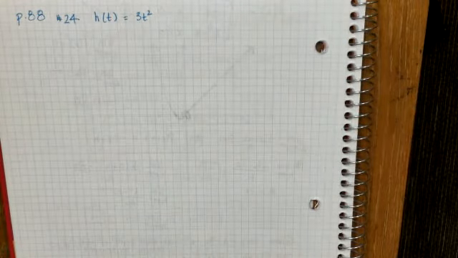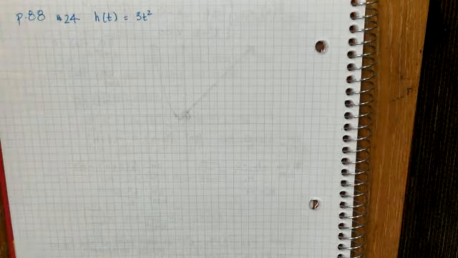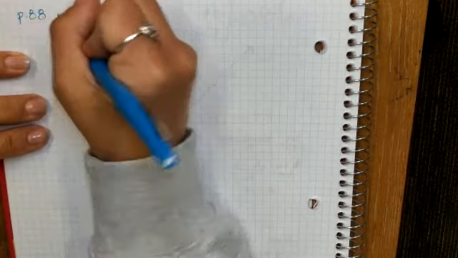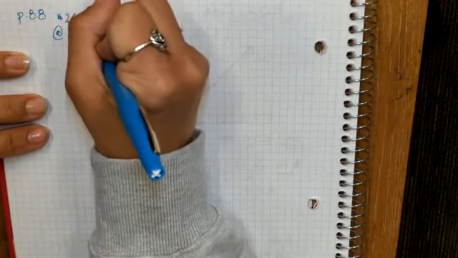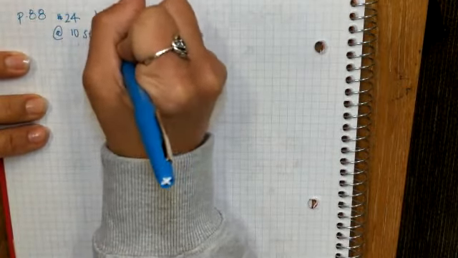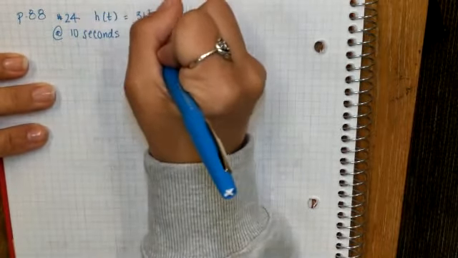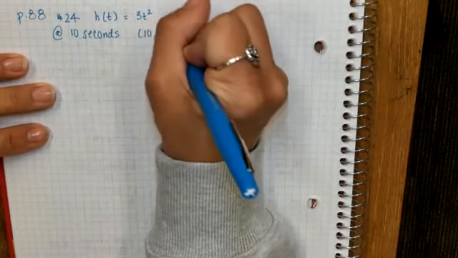And what do we ask to find? How fast is the rocket climbing after 10 seconds? Well, essentially, this is instantaneous velocity at 10 seconds. So that's going to be 300, I believe.